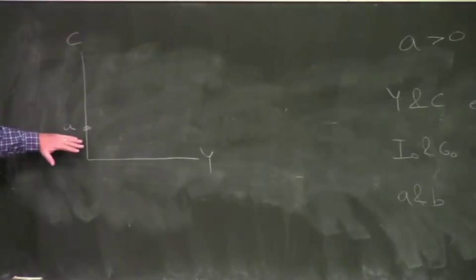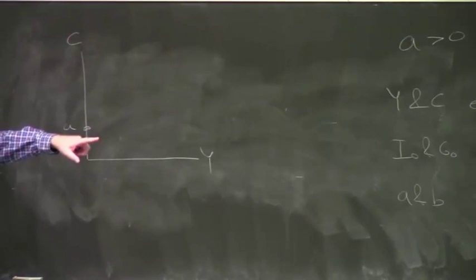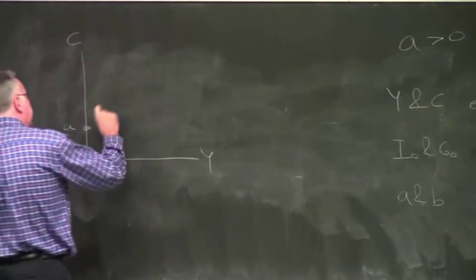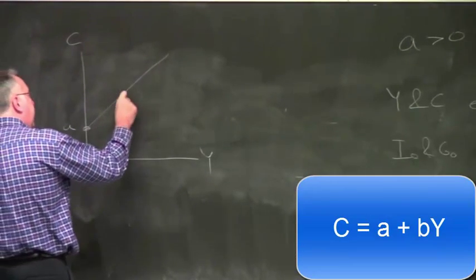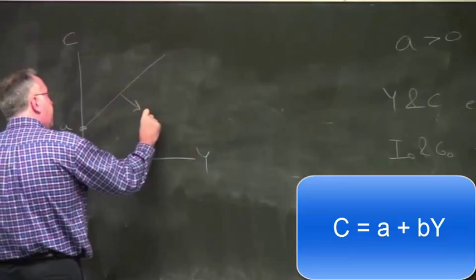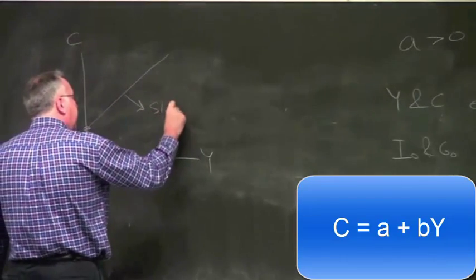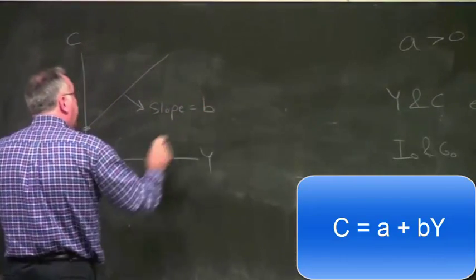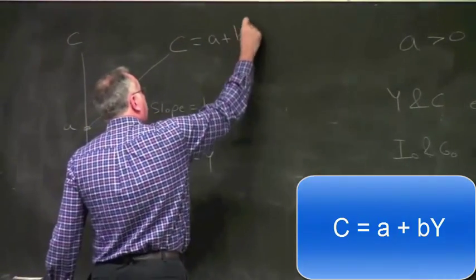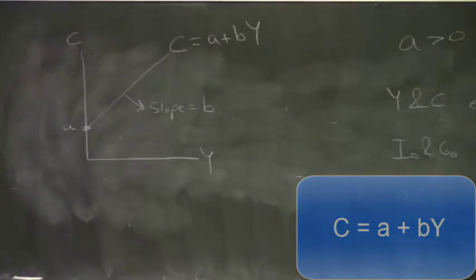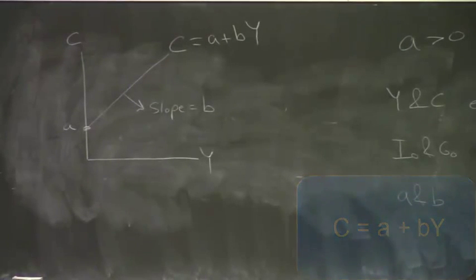That's where consumption starts. The slope of the consumption function is B. So in this case, the consumption function is assumed to be a straight line. And the slope of this straight line is just B.